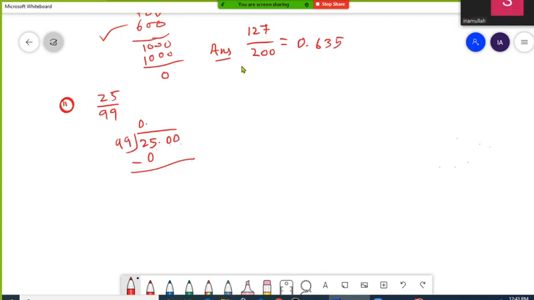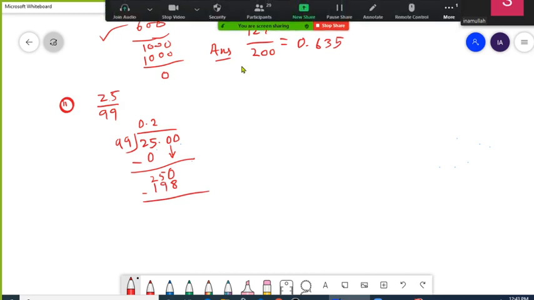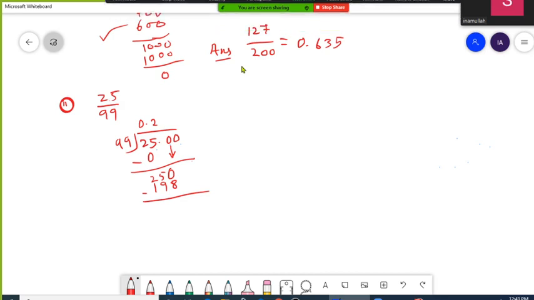I can subtract 25 minus 0, which will remain as 25. So this 0 will carry forward, and this will become 250. Now 99 twos are 198. When I subtract 198 from 250, I'll get 52. Look, 10 minus 8 is 2, 14 minus 9 is 5, and this 0 will be carried forward.